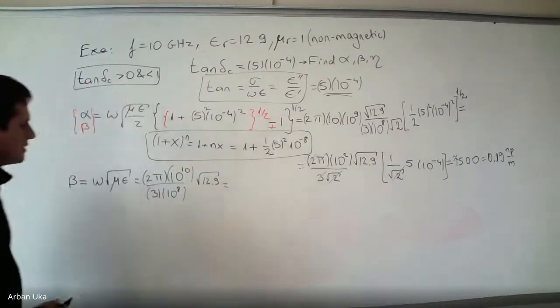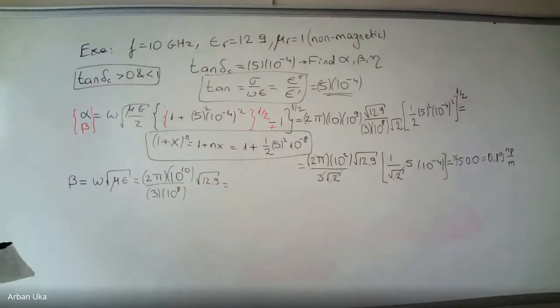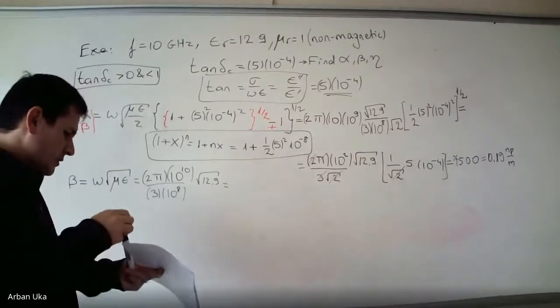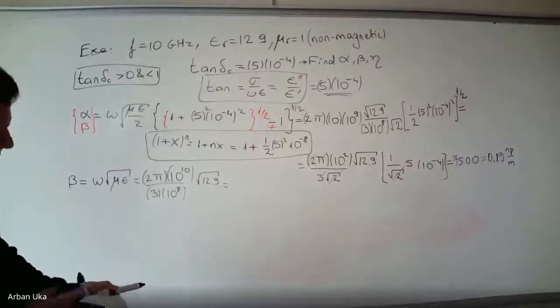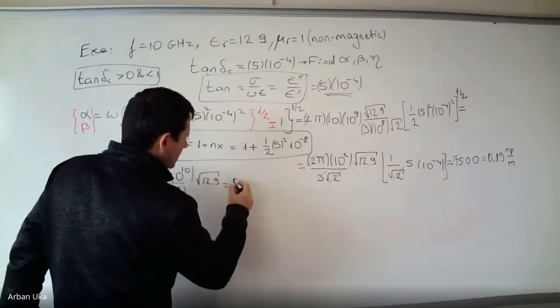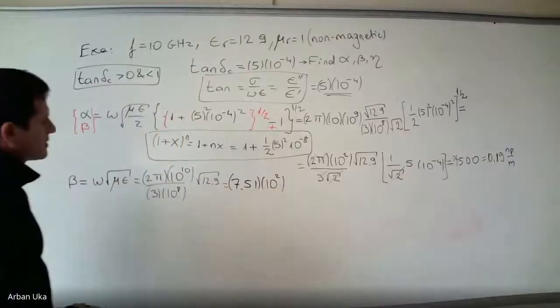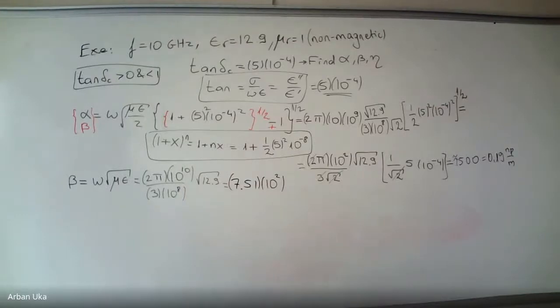Can someone calculate this with a calculator? So 7.51 times 10 to the power 2. Say it again, 7.51, yes, times 10 to the power 2. Okay, thanks. This is what we get.